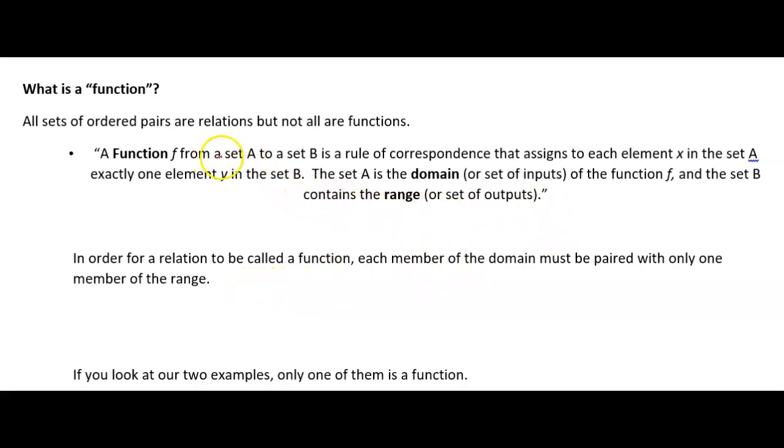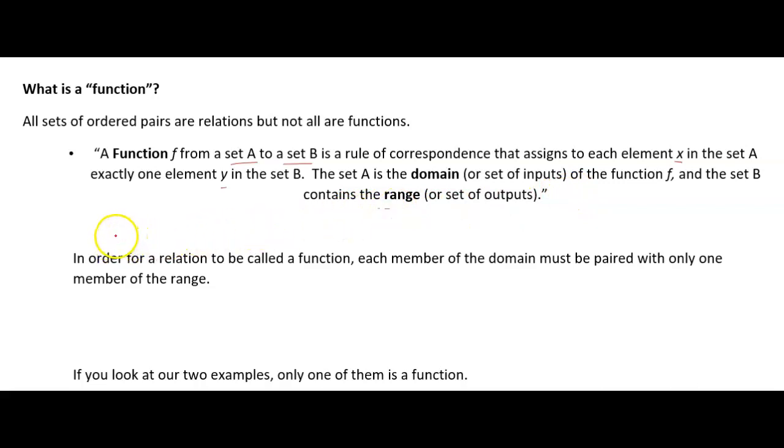Now this is a textbook description. A function f from set A to set B is a rule of correspondence that assigns each element x in A to one element y in B. So the x is your domain, the y's are your range. And set A is the domain or the set of inputs, and set B is the range.